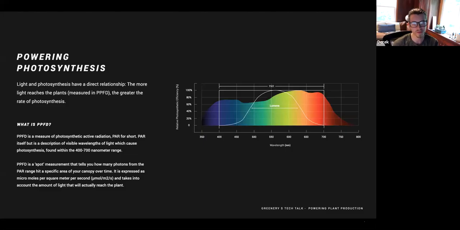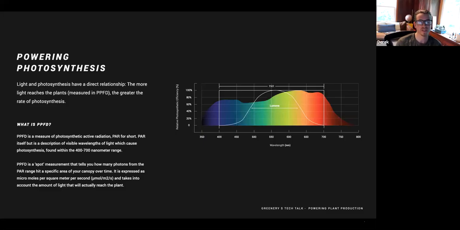It's a mouthful, but it's the measurement of the photosynthetic active radiation, which is PAR for short, or in its simplest sense, it's the visible light that plants use for photosynthesis. And that visible light on the wavelengths is 400 to 700 nanometers on the lighting spectrum, which is shown here. You can see. So we're really interested in only measuring that amount.